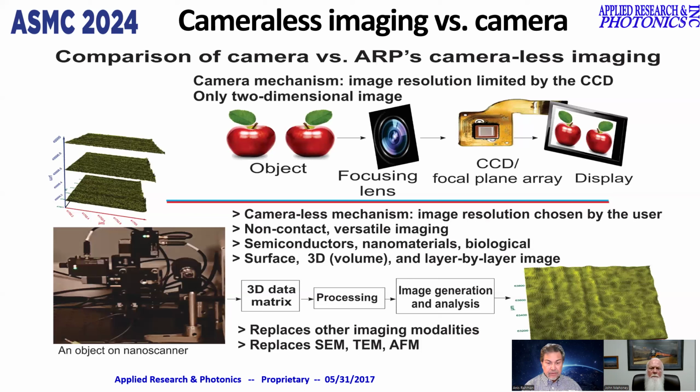And that is recorded, and the data matrix is then what we call a Beer-Lambert reflection matrix, could be transmission as well, but that is processed by specific algorithms built in our software, and the image is generated.